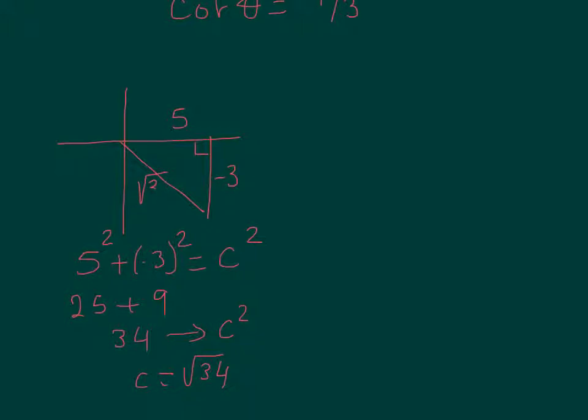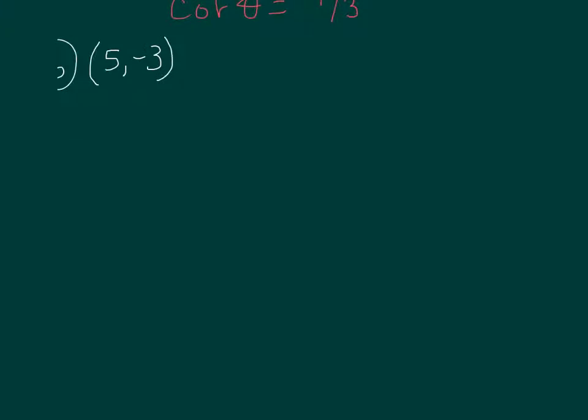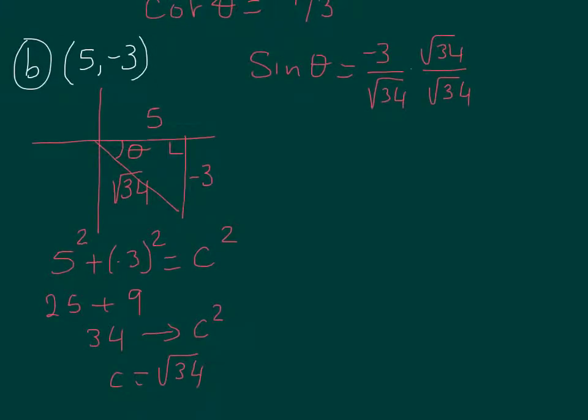If this is the square root of 34, now you can find the sine of theta, which is this angle right here. That's your theta. It's going to be opposite over hypotenuse, negative 3 over rad 34. You can't leave a radical on the bottom, so you're going to have to multiply by rad 34 over rad 34, which is going to give you negative 3 rad 34 over 34.